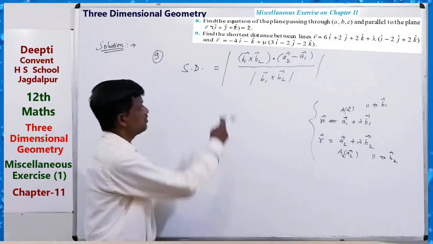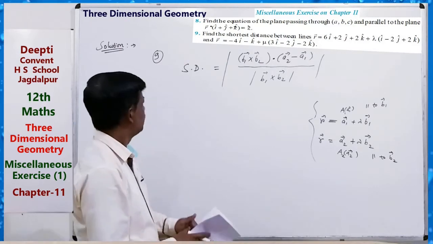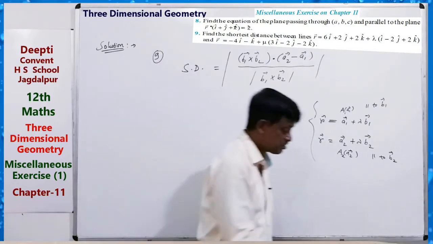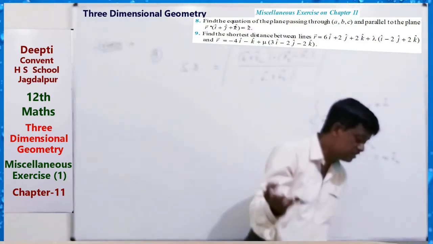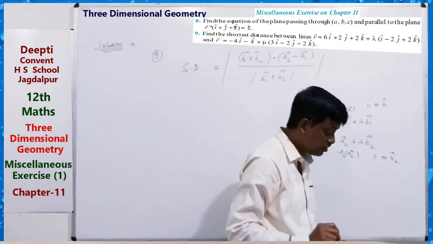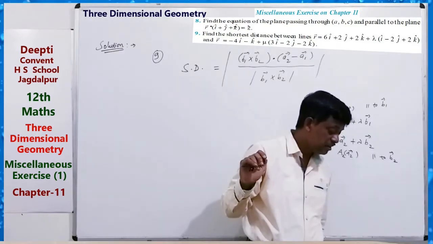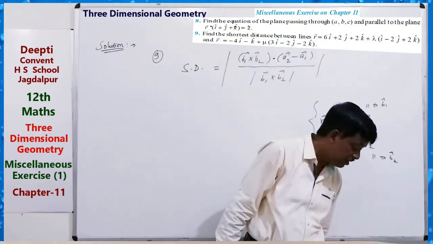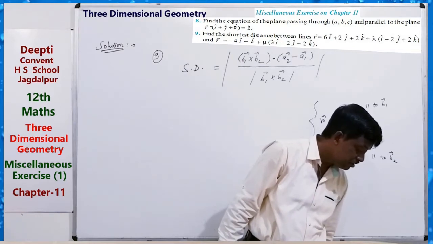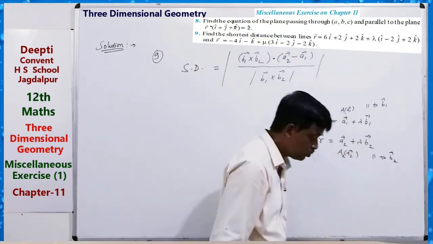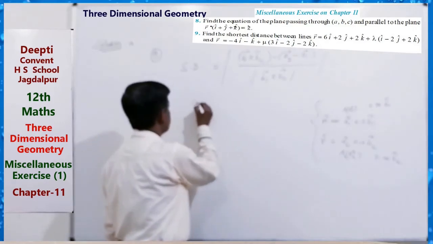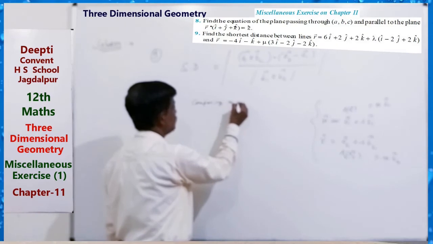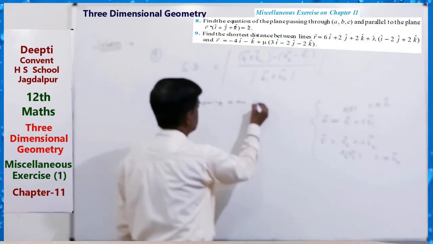Okay, so this is the formula. Just compare with the question, because two straight lines are given. So here, in question 9, comparing with the standard form, we can get a1 and the other values.